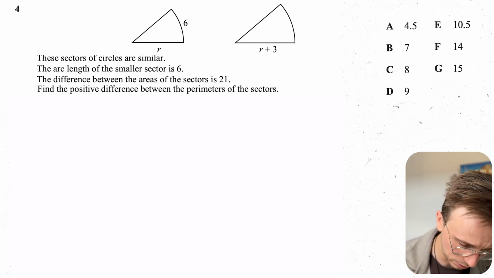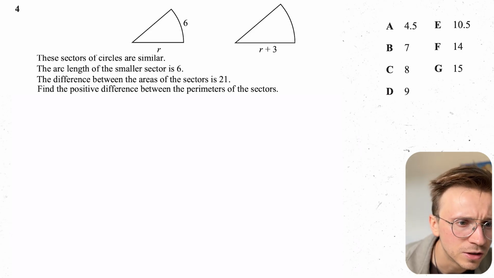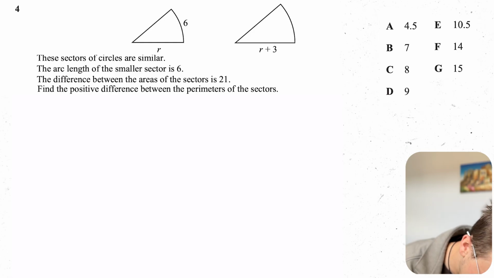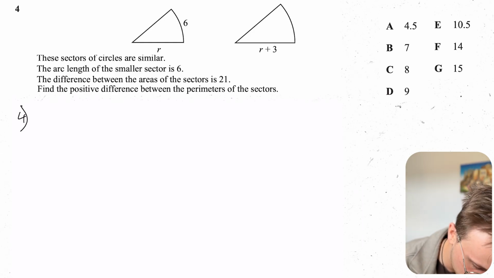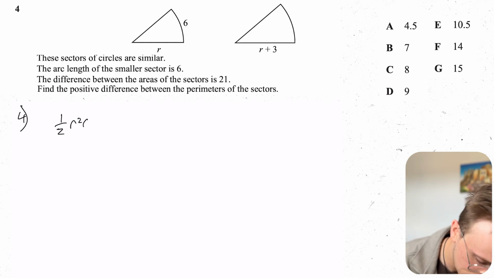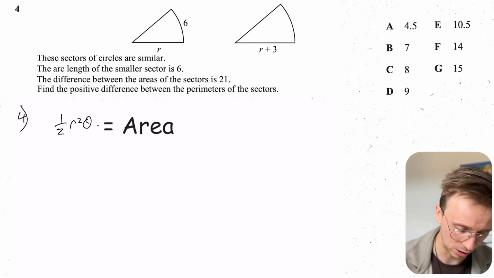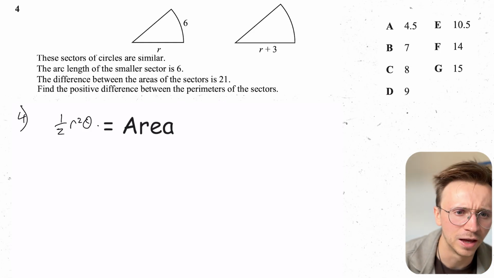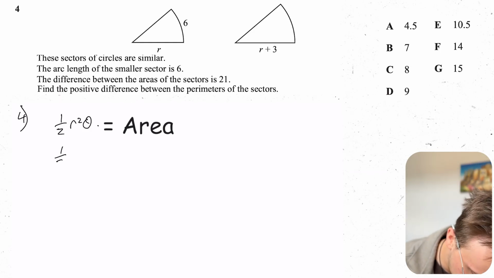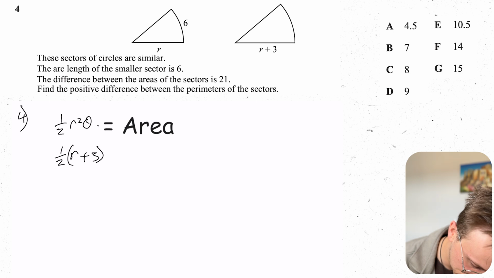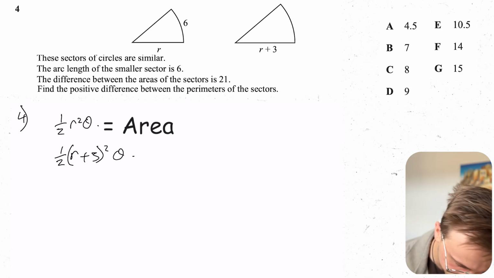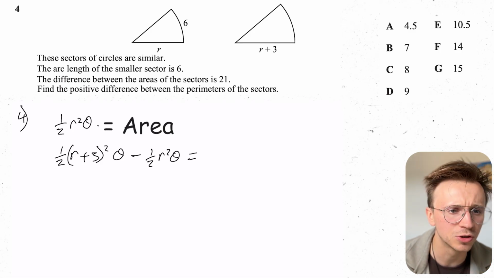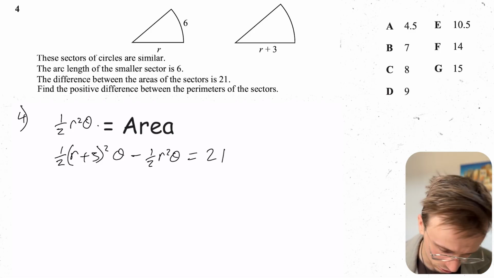So if they're similar, then the difference between the areas of the sectors is 21. The area of a sector is a half r squared theta. Theta is the same for both, but r is not the same for both. So then a half r plus 3 squared theta minus a half r squared theta must be equal to 21, I assume that one's bigger.